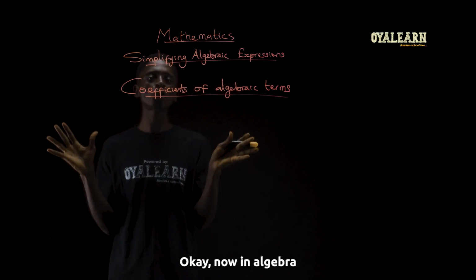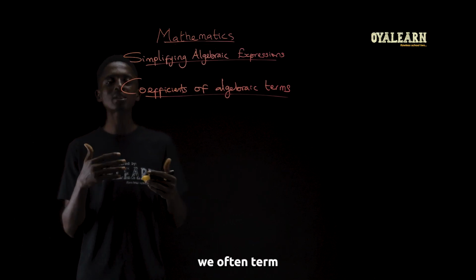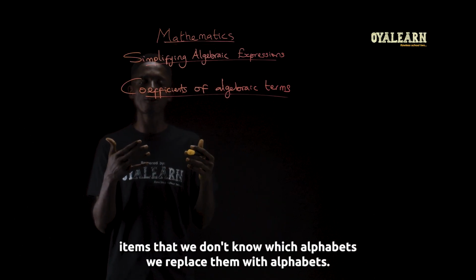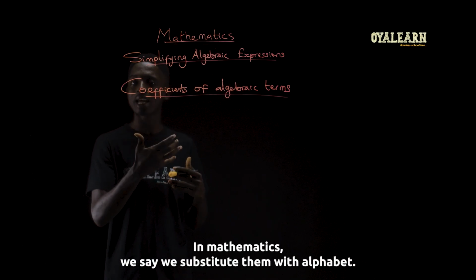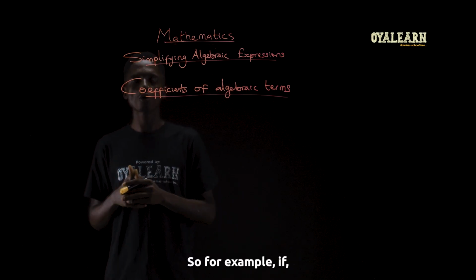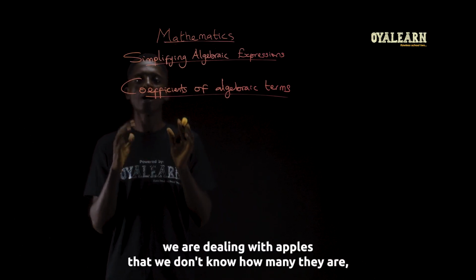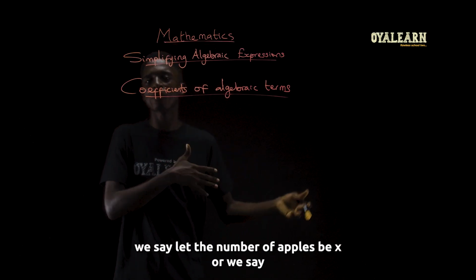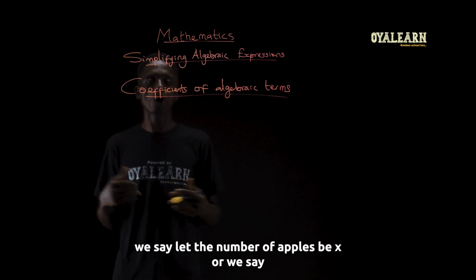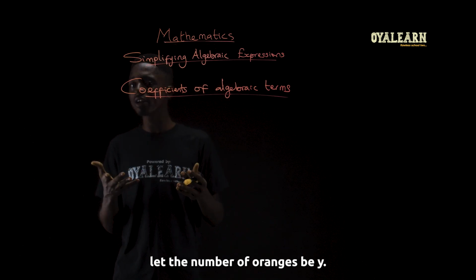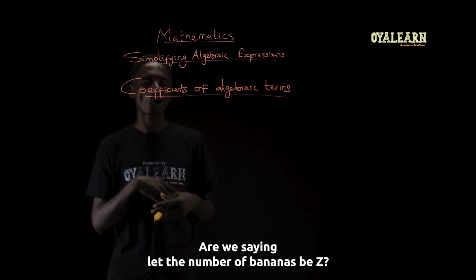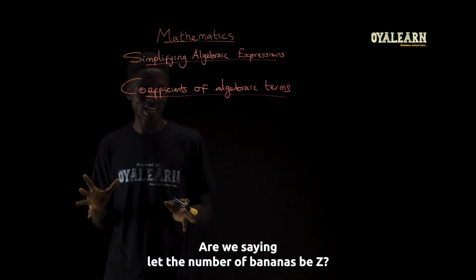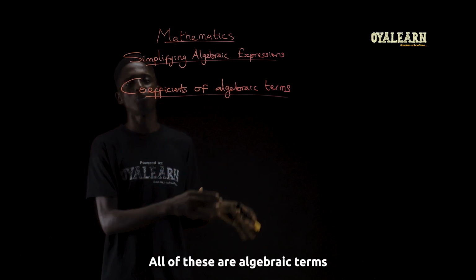Okay, now in algebra, we often replace items that we don't know with alphabets. In mathematics, we say we substitute them with alphabets. So for example, if we are dealing with apples that we don't know how many they are, we say let the number of apples be X. Or we say let the number of oranges be Y. Or let the number of bananas be Z. All of these are algebraic terms.